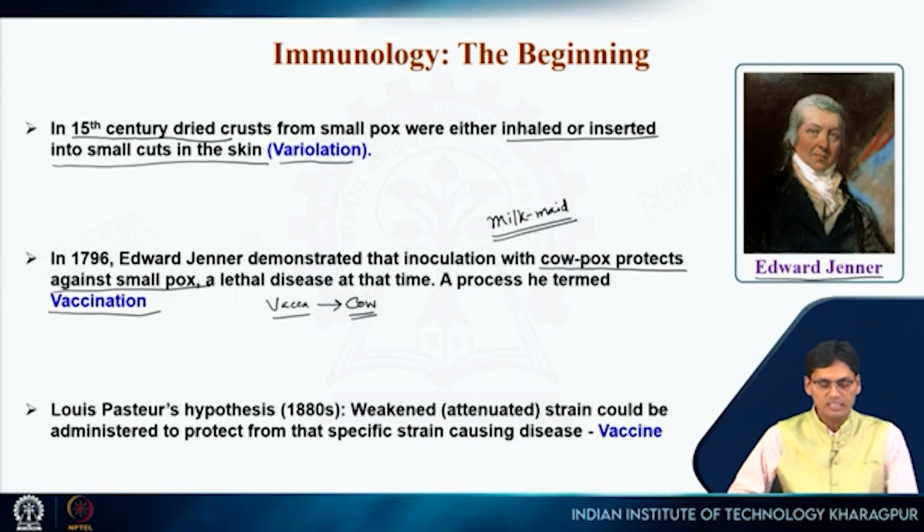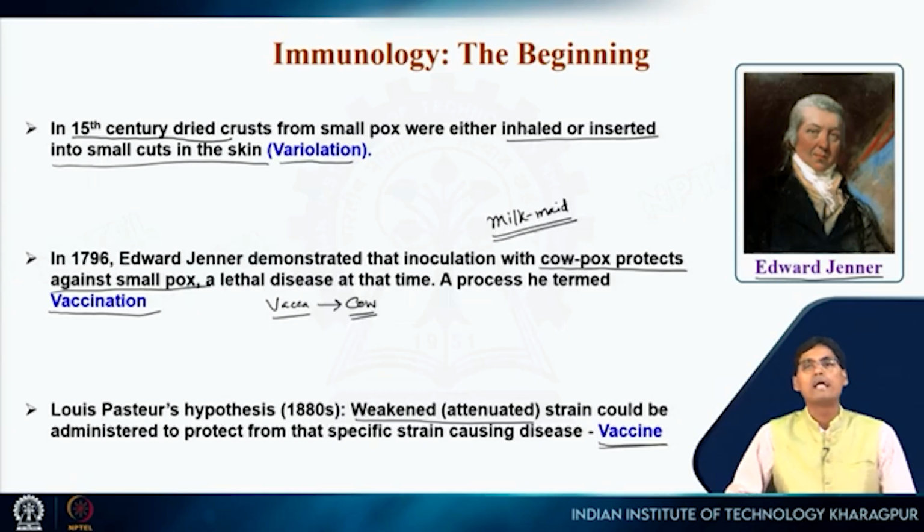Later on, in the 1880s, Louis Pasteur demonstrated that a weakened or attenuated strain could be administered to protect from the specific strain causing disease. And this is a vaccine.